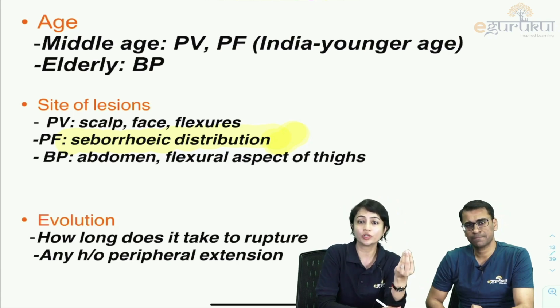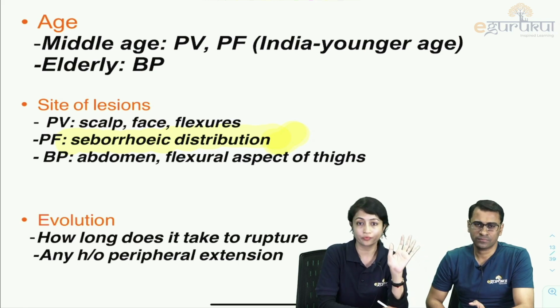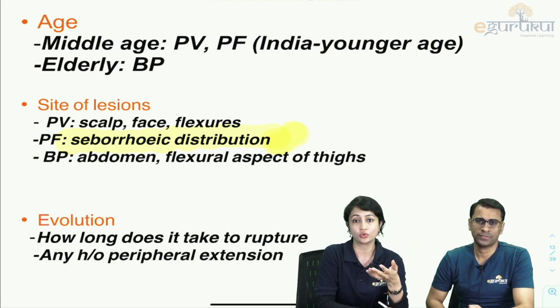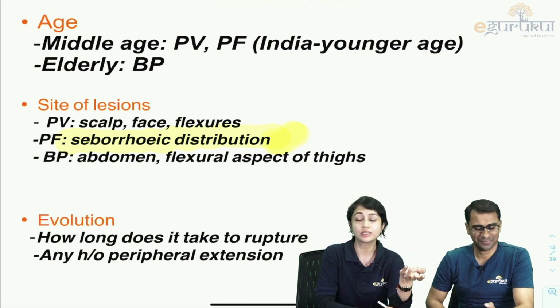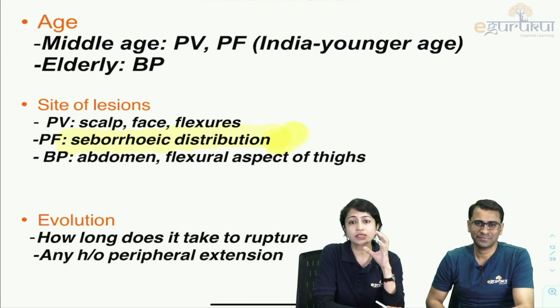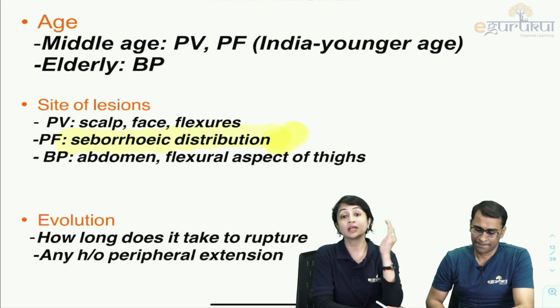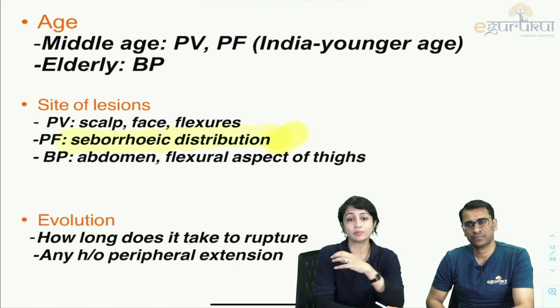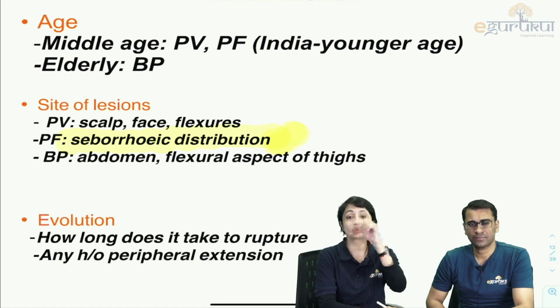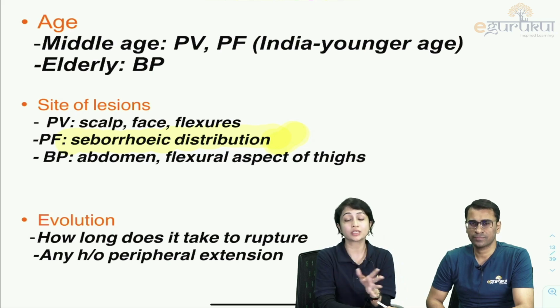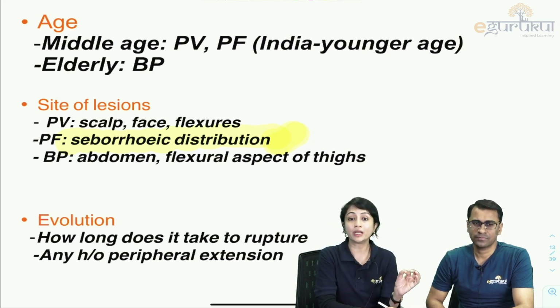So in Pemphigus foliaceus, the vesicle and bulla rupture within a few hours of being formed, so much so that it's hardly visible when a patient presents to you, because the roof is so small that it will rupture easily. Whereas in vulgaris, it will stay for a few hours or sometimes 1 or 2 days, but if it is at a site of friction, it will again rupture easily. Whereas a bullous pemphigoid patient, a subepidermal patient, has the whole epidermis as roof. So there the bulla would stay longer, for a few days. Depending on how long it takes to rupture, you can make a diagnosis.